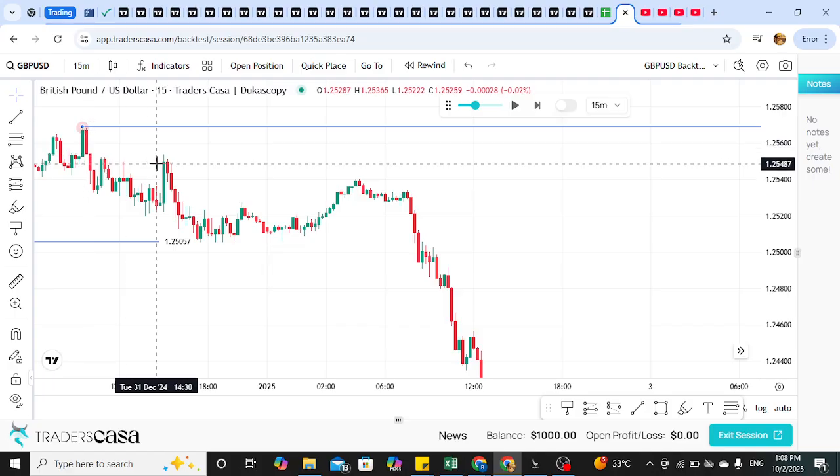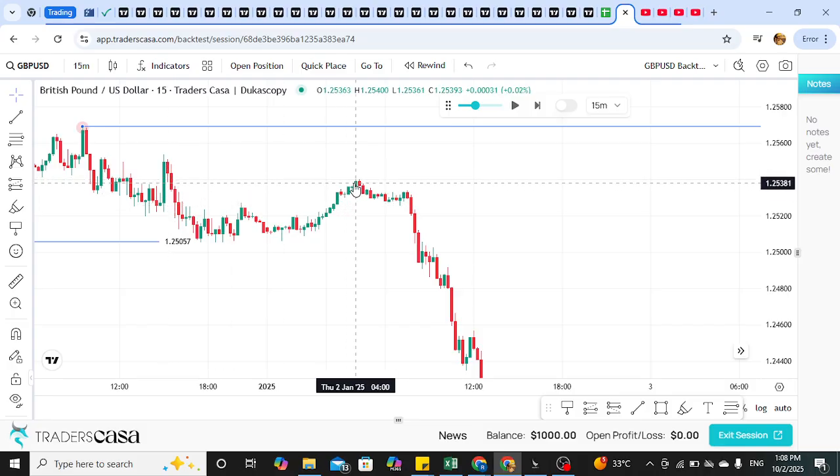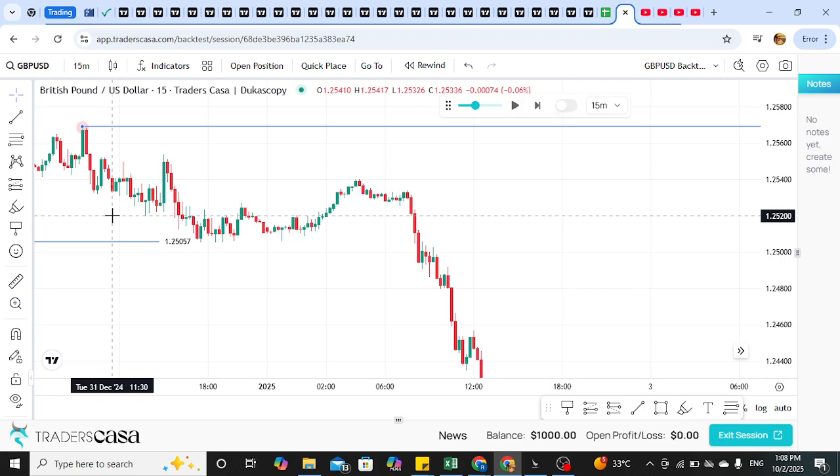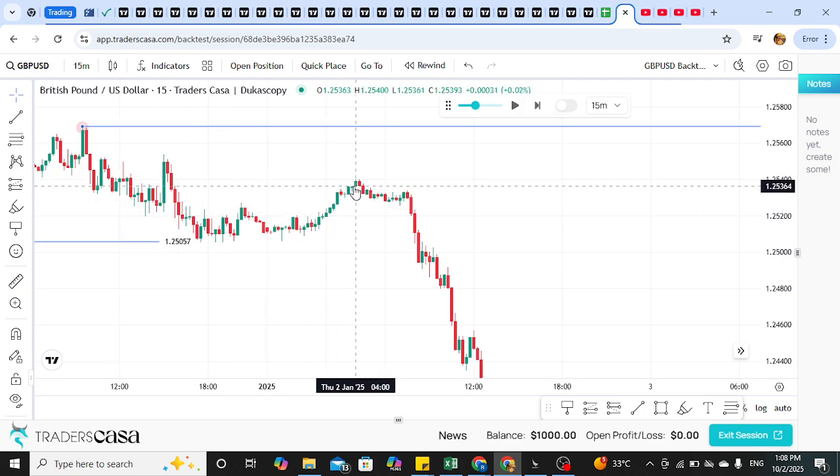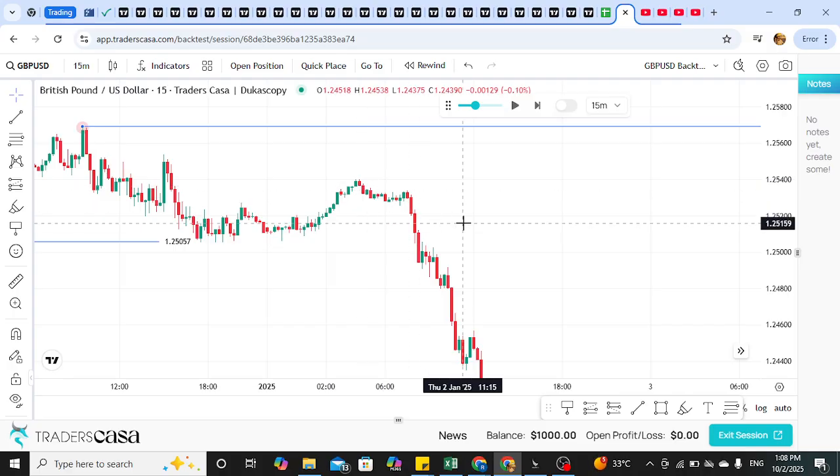Yes, this is mitigated by this. And this is mitigated by this. So if they're all mitigated, that leaves this candle that is not mitigated.